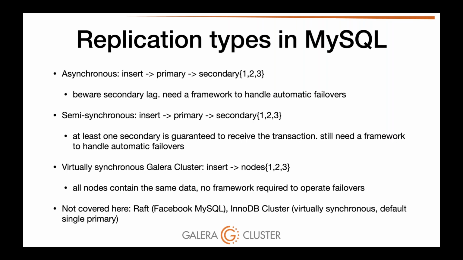It needs obviously a framework to handle automatic failovers because it doesn't handle failovers and the failback automatically. And you may have secondary lag, but this is very fast because you only have to write to the master or the primary. It doesn't guarantee that it actually ever reaches a secondary server.